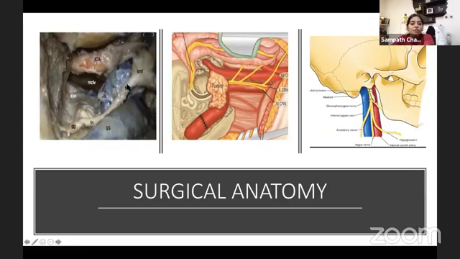What is the relationship of this nerve to the jugular bulb? In 60% of cases, the jugular bulb lies anterior to the facial nerve canal. This is a very important landmark in the infratemporal fossa A approach.